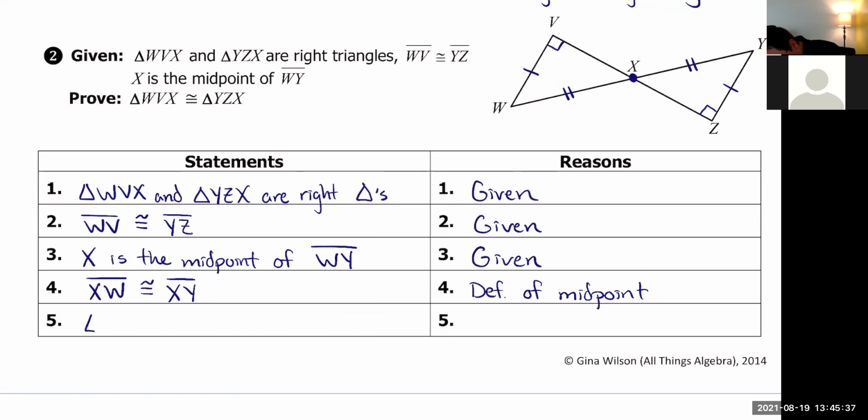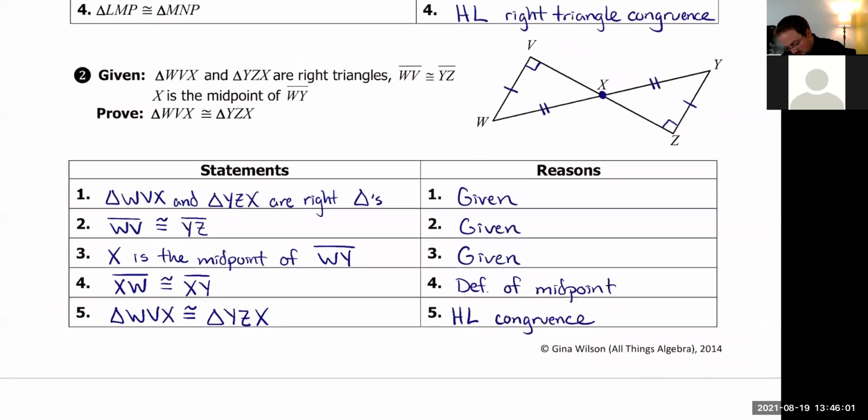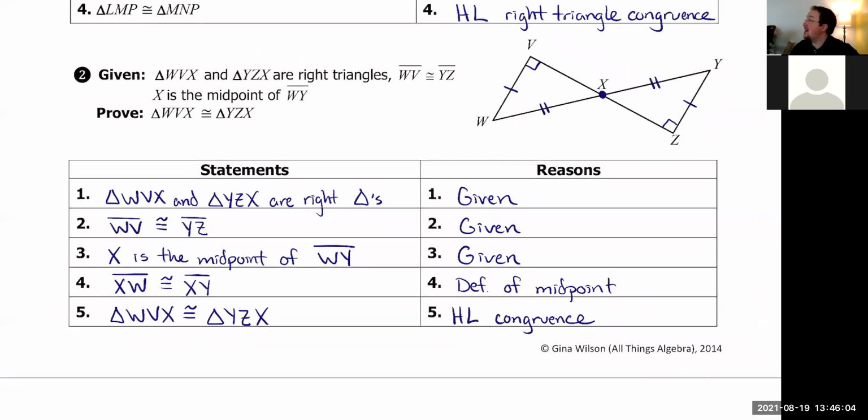So the proof statement is that triangle WVX is congruent to triangle YZX, thanks to hypotenuse, leg. I'm going to just be lazy this time, congruence. We already have enough statements in there that defend that they are in fact right triangles. I just don't want you to forget that hypotenuse, leg only works for right triangles. Good. That was fun.